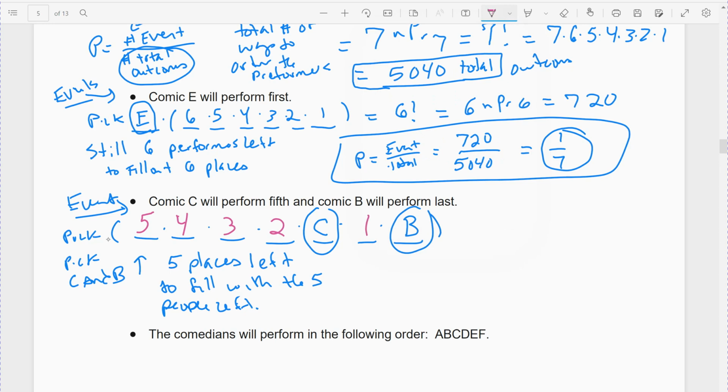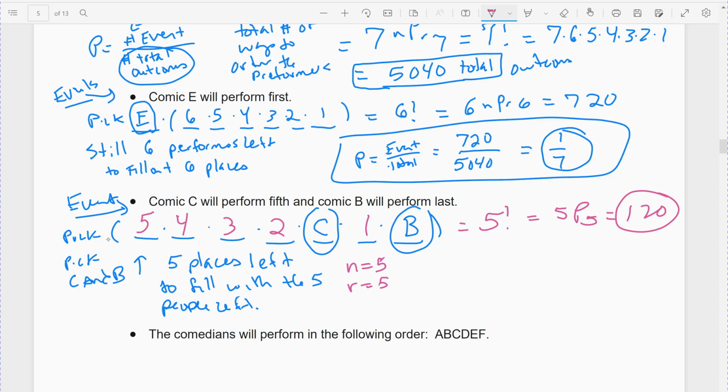And so this means I've got 5 people to fill out 5 spots. This would be 5 factorial or 5 permutation 5, which comes out the same. 5 factorial means there are 120 different ways I could pick C in position 5 and B in the last position.